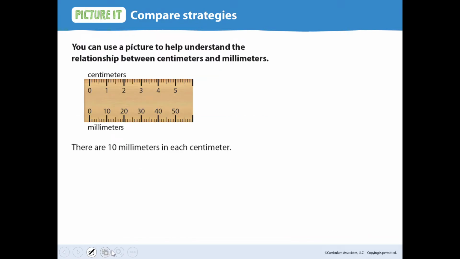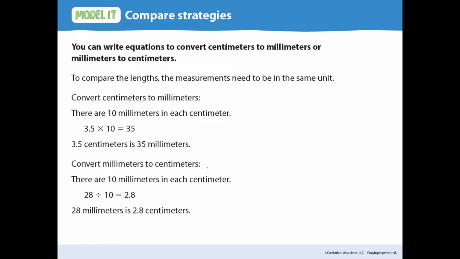You can use a picture to help understand the relationship between centimeters and millimeters. So each of these is a centimeter. And then each of these is a millimeter. So we can see that for each centimeter, there's 10 millimeters. You can write equations to convert centimeters to millimeters or millimeters to centimeters.